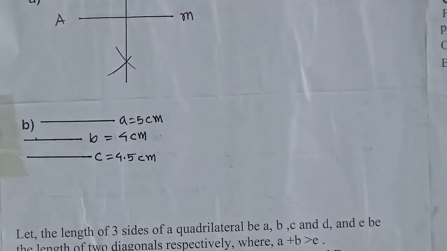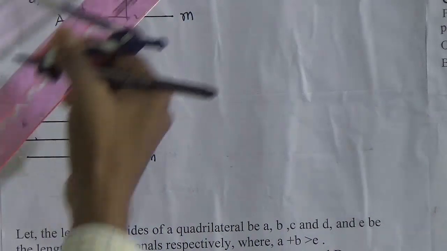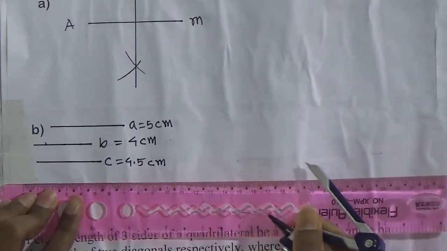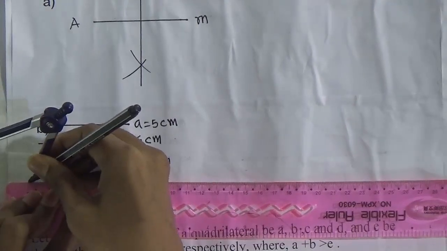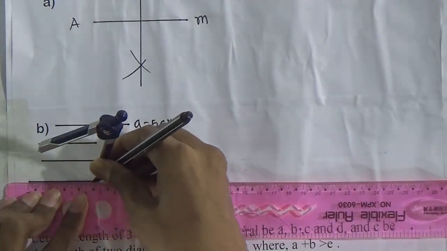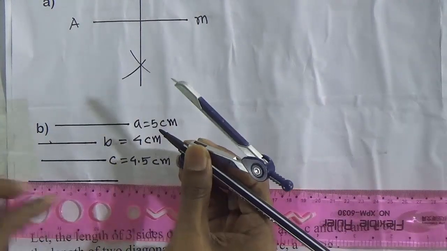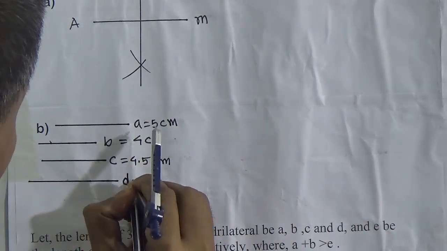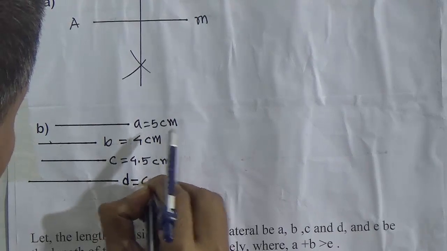Then you have to draw two diagonals. The diagonals are 6 cm and 7 cm. Look. This is 6 cm. You consider this is d. d equal to 6 cm.